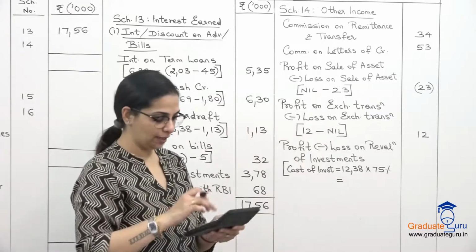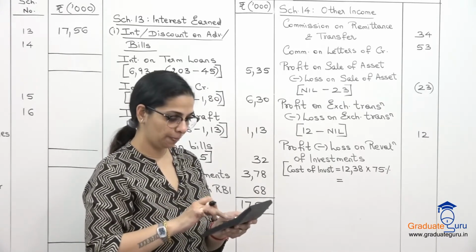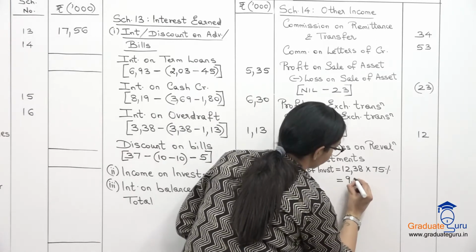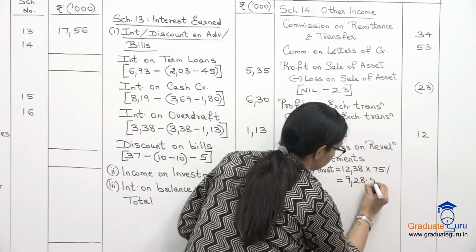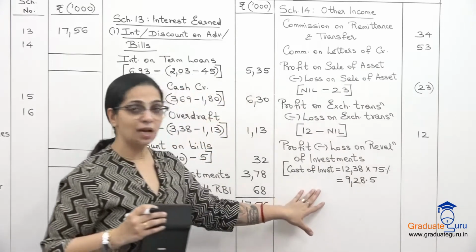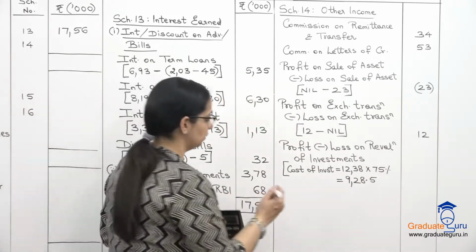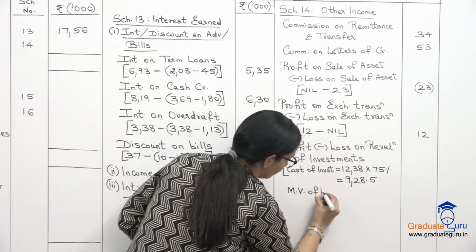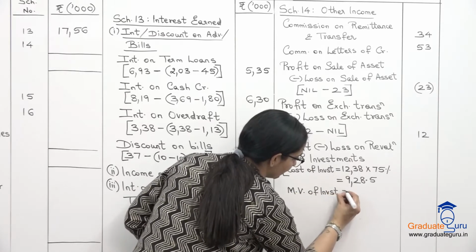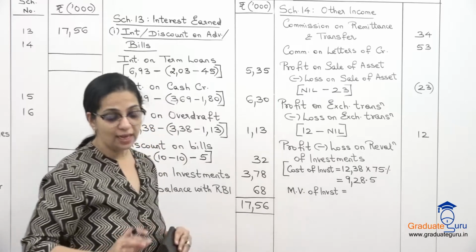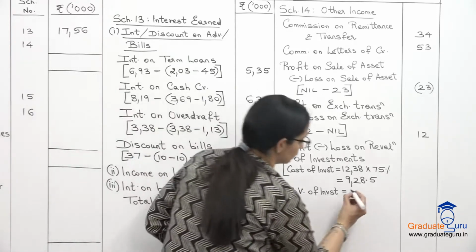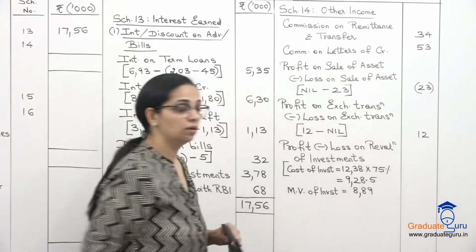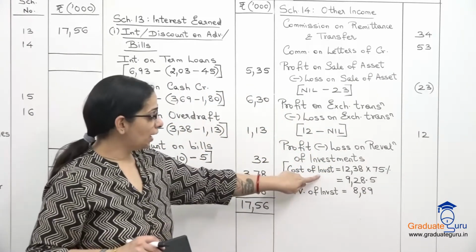Let's calculate that. We get 928.5. So this is our cost of the investments, and the market value of investment is given to us directly as 8,89,000. So that is 889.